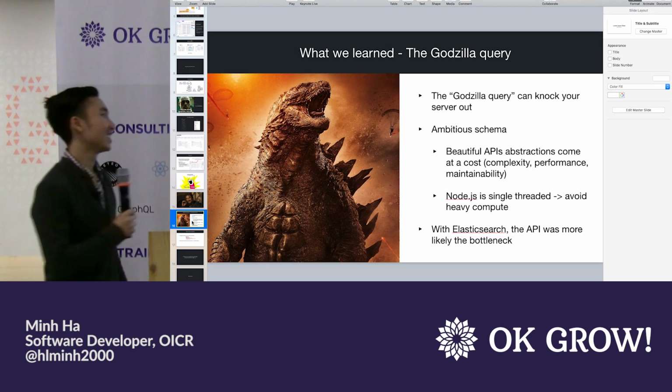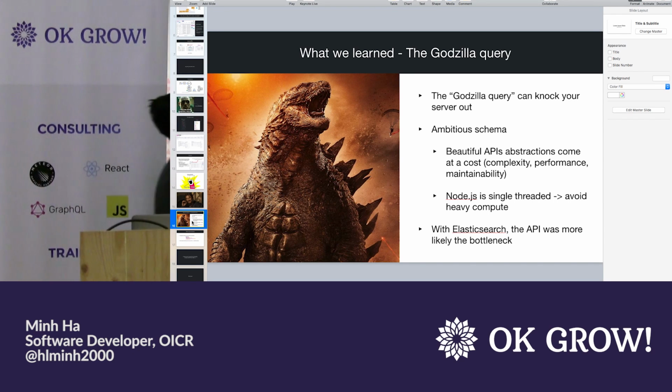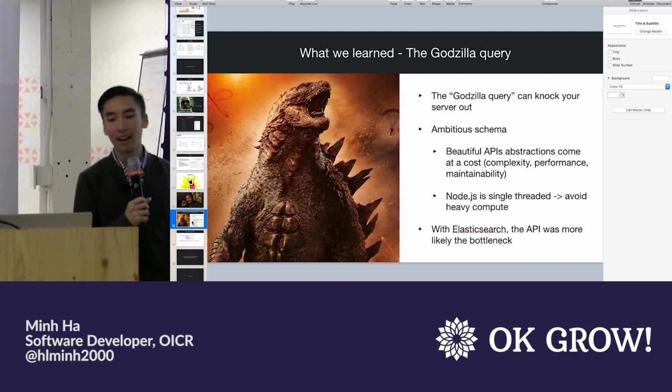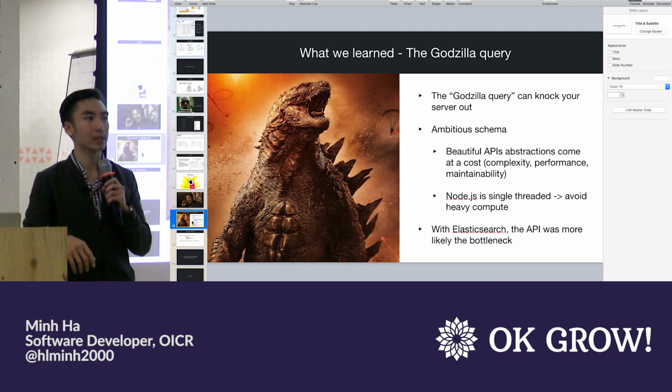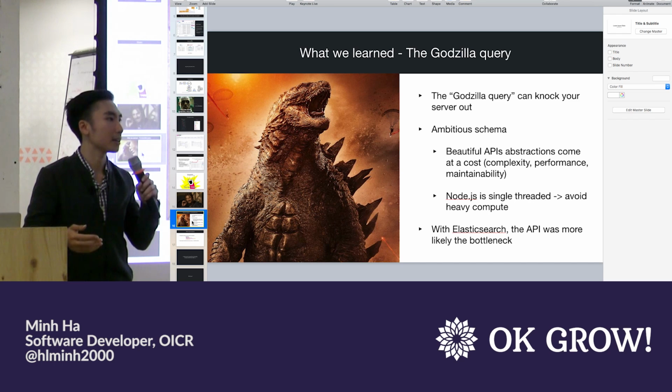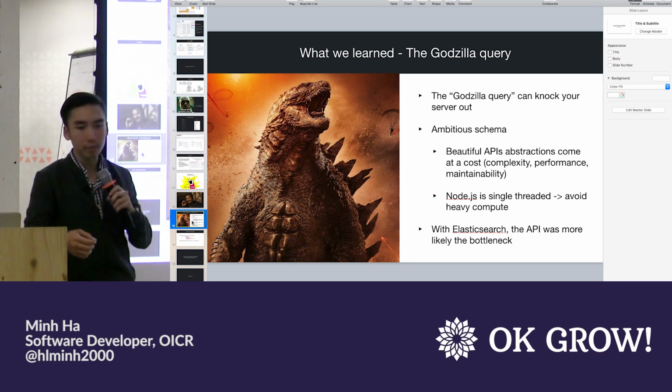It took a lot of investigating, and ultimately we found that there was some query in our schema that was doing a lot of data wrangling to fit the shape that was defined in GraphQL.